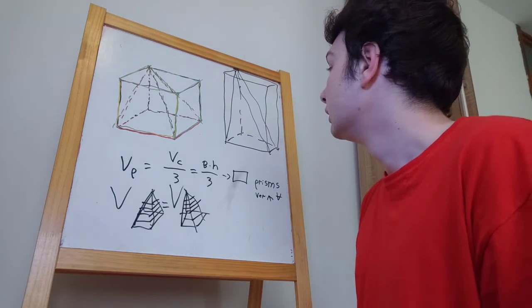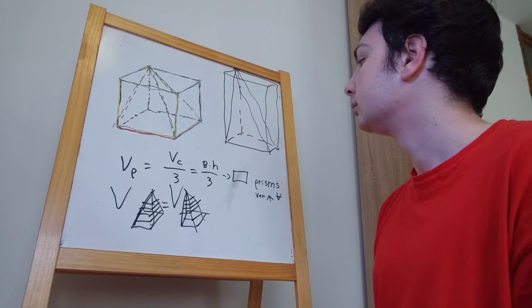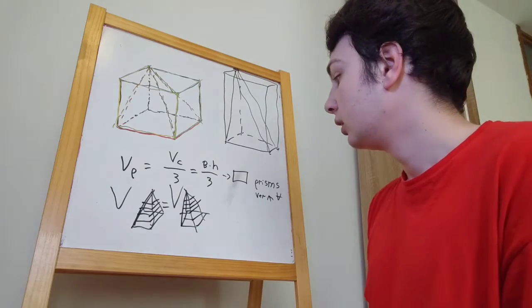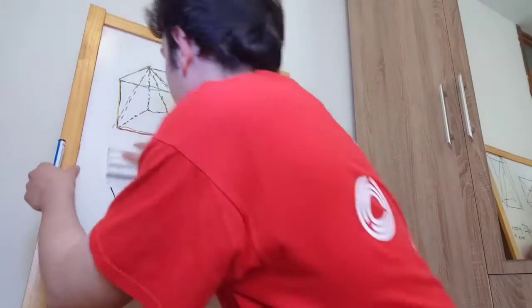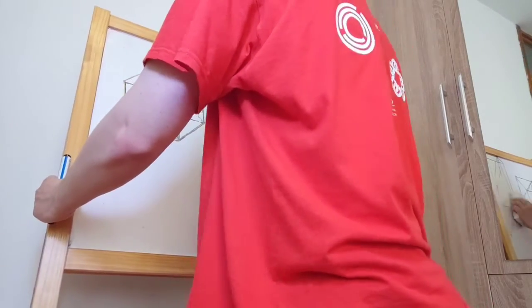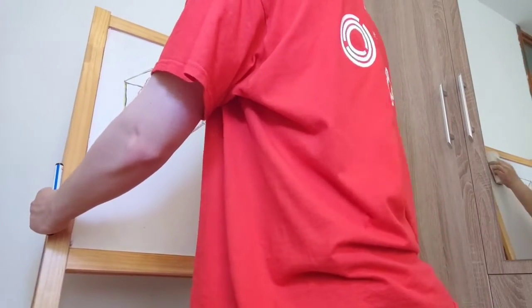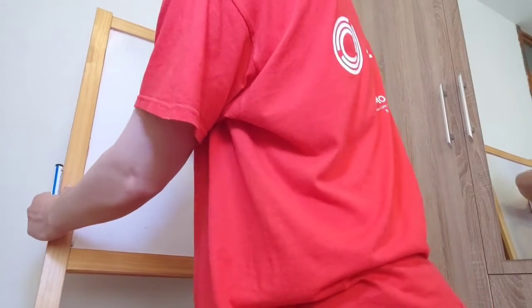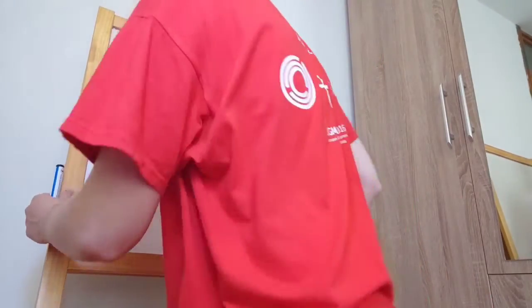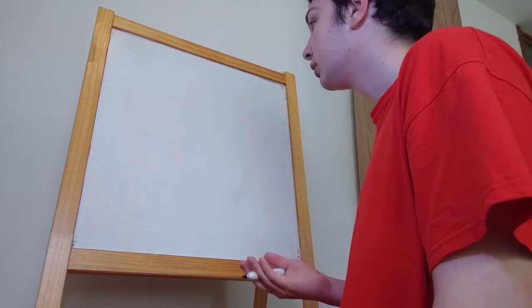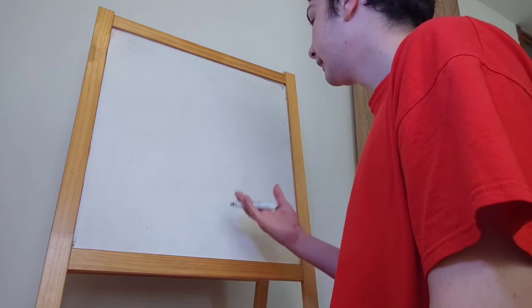Alright. Now, what happens if we have another base? Well, let me just draw this out for you. So we don't have a square base, or a rectangular base, we have a squiggly shape.